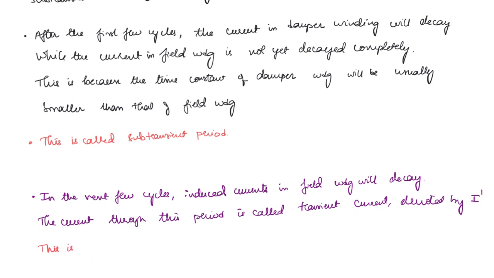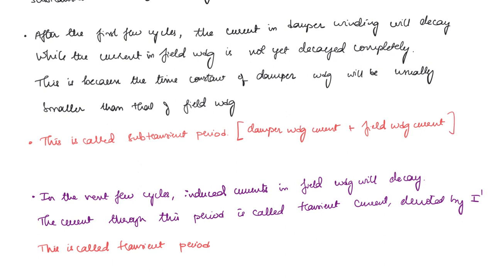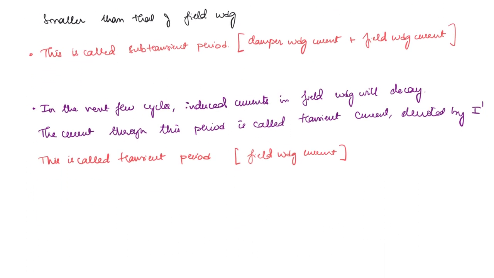This is called transient period. So in the subtransient period, damper winding current plus field winding current will be present. In the transient period, only the field winding current will be present. Okay, and then finally steady state is reached.